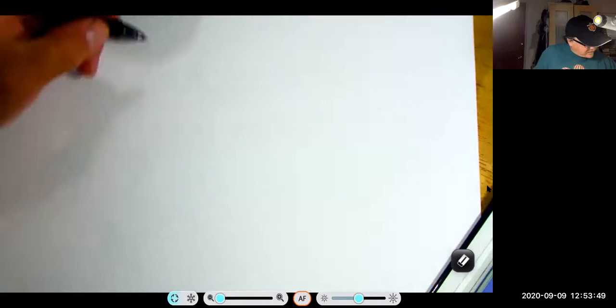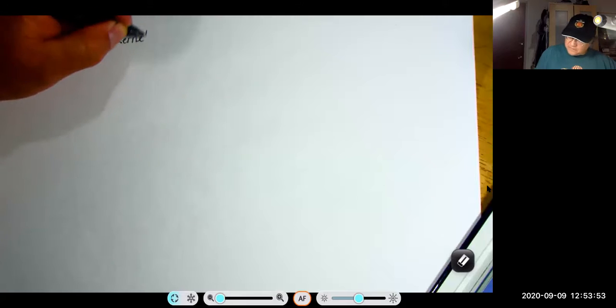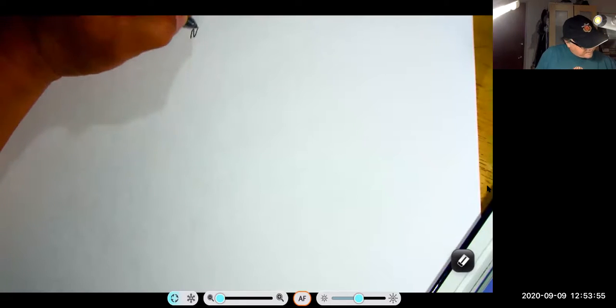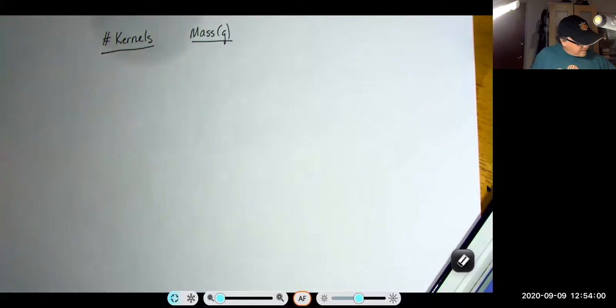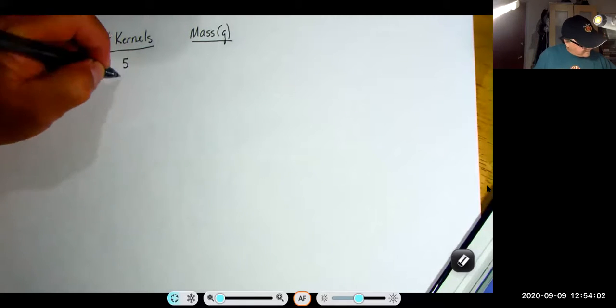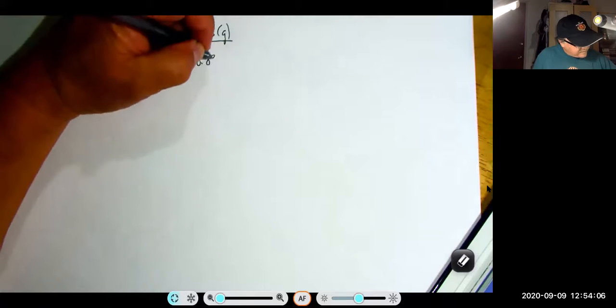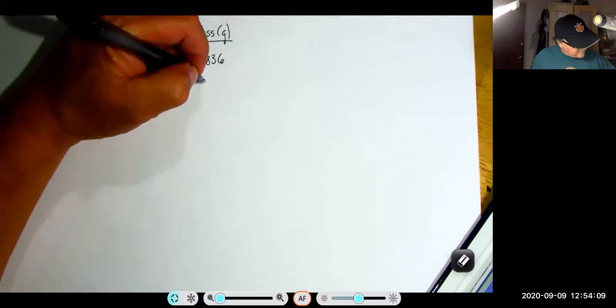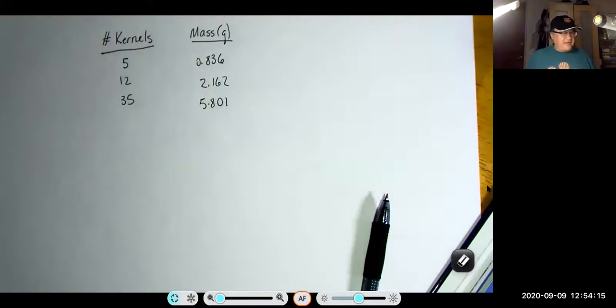Here's a nice little graphing exercise. And just in case for the exam, I have you draw a graph and you need to take a picture of it and upload it as a file.